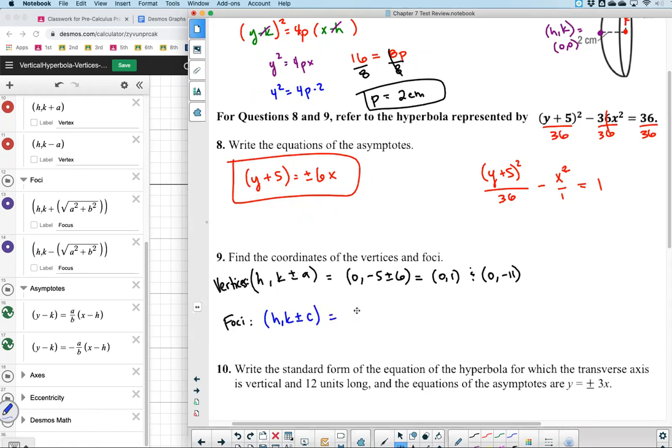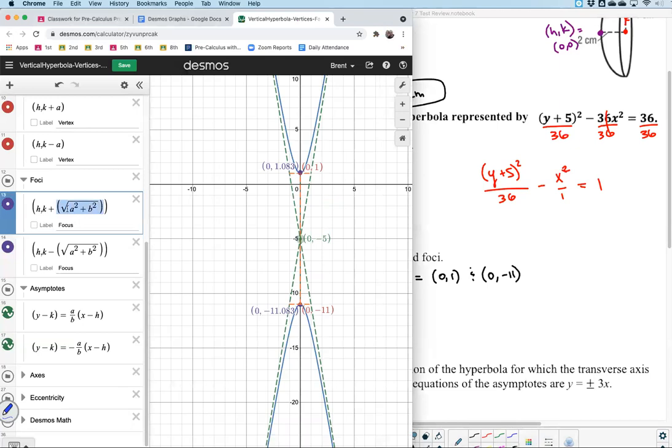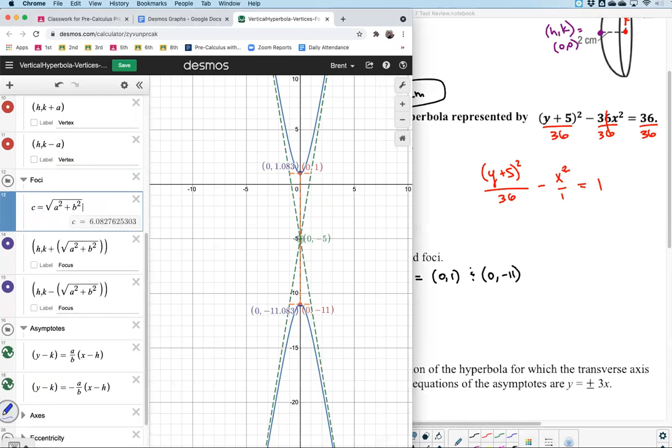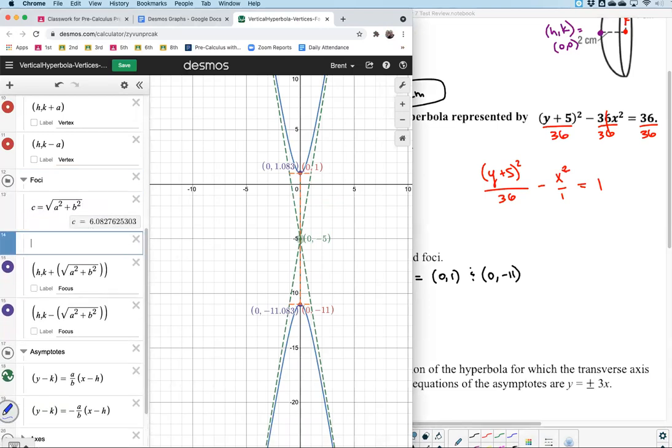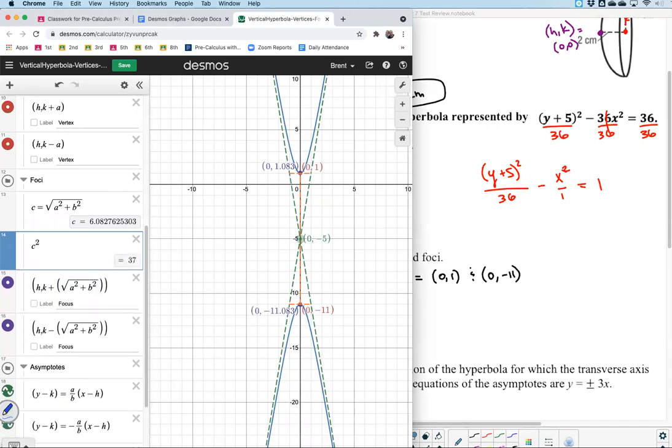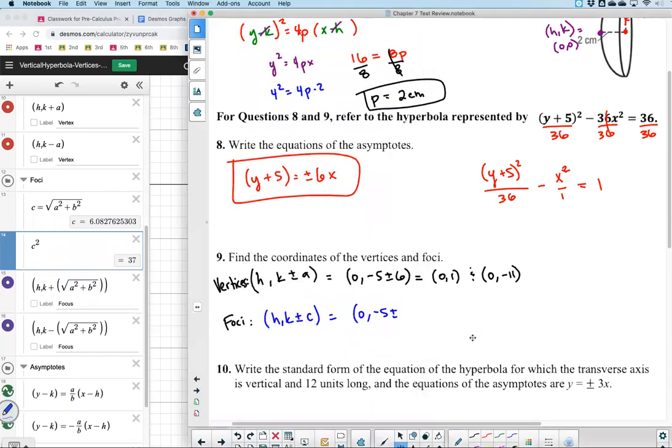So in our problem, it would be 0 comma negative 5 plus and minus. Did I ever say what c was yet? Let's find out what c is. Square root of 37. And that's how it'd be written on the test.